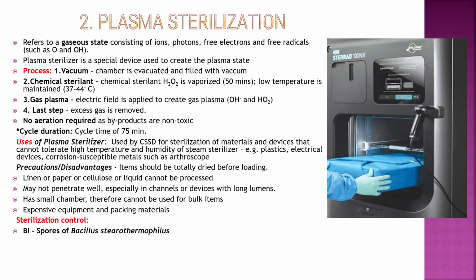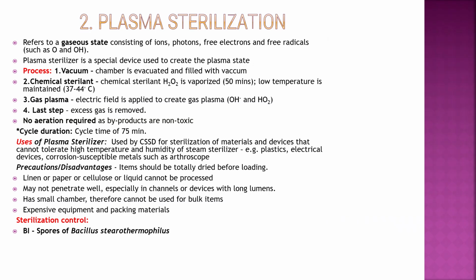Cycle duration is 75 minutes. Used by the CSSD for sterilization of materials and devices that cannot tolerate the high temperature and humidity of a steam sterilizer. Examples: plastics, electrical devices, corrosion-susceptible metals such as arthroscopes. Precautions or disadvantages: the item should be dried before loading.